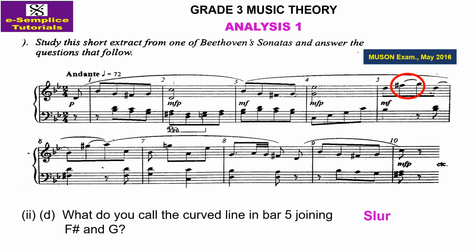A curved line joining two different pitches is a slur, but a curved line joining the same pitches is a tie. So this is a slur because it's joining F sharp and G, and those two pitches are different.